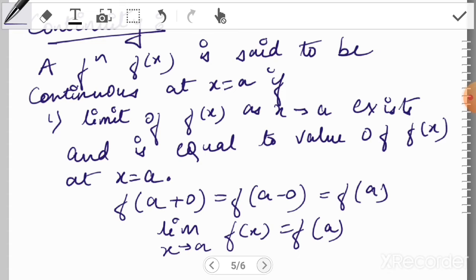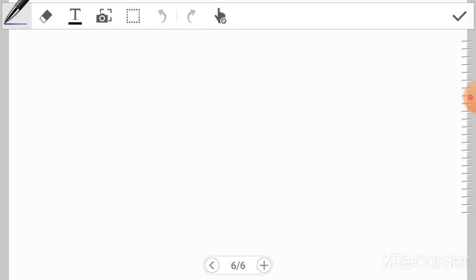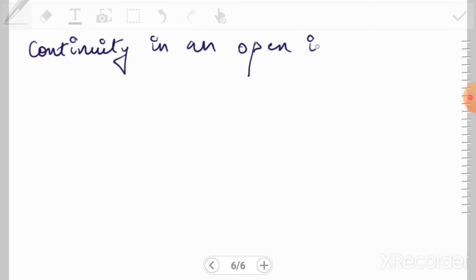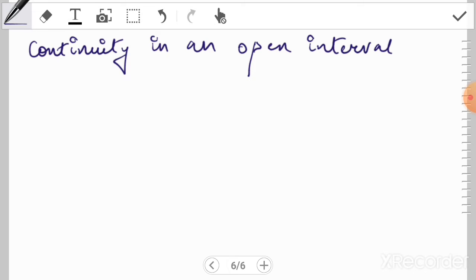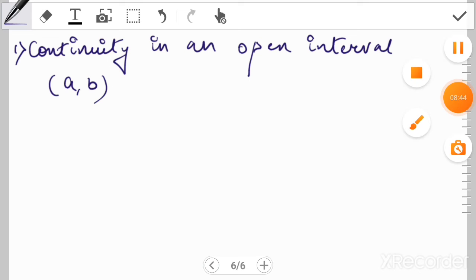So next is continuity in an open interval. It is written as (a, b). If it is continuous at each point of the open interval, then it is continuous in the open interval.